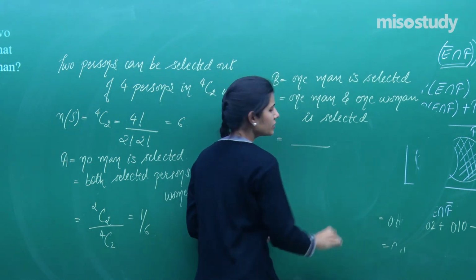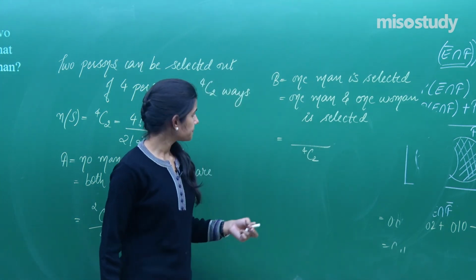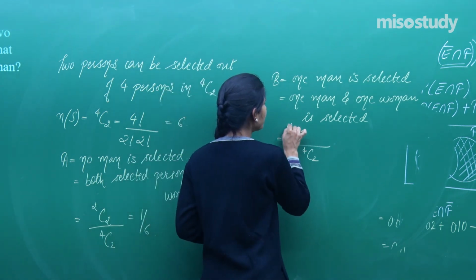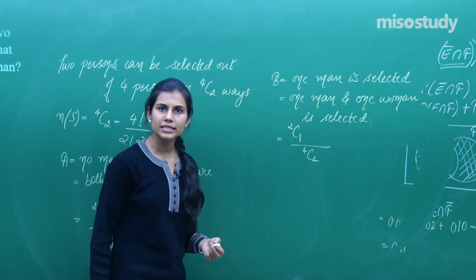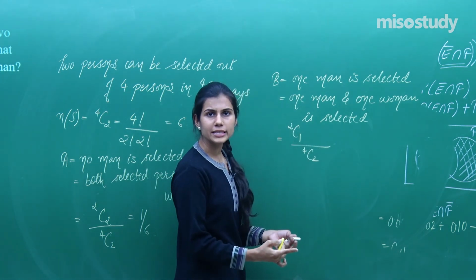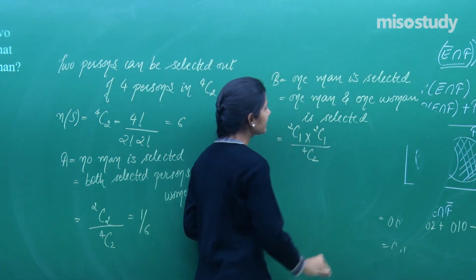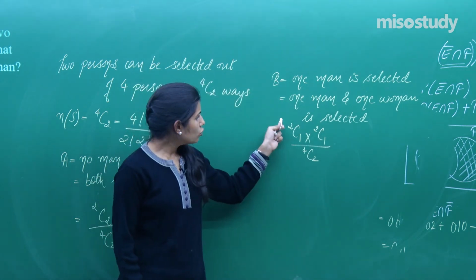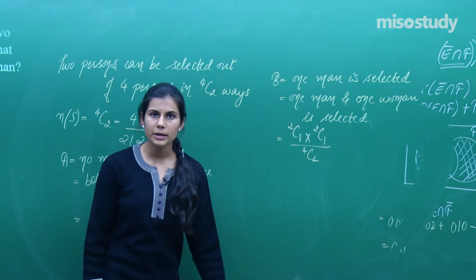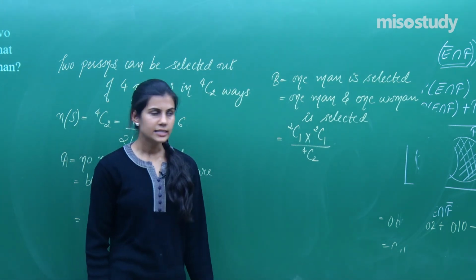So the total number of ways in which 2 persons can be selected from 4 is 4C2, right? 1 man is selected and 1 woman is selected. In total you have 2 men, out of that 1 man can be selected in 2C1 ways. Once this man has been selected, because you are selecting 2 persons, another one is left to be selected, and out of 2 women, 1 woman can be selected in 2C1 ways. So there are 2 men and 2 women, 1 man is selected and 1 woman is selected. These are the total number of ways in which 1 man and 1 woman can be selected from the available 2 men and 2 women. Is it clear?